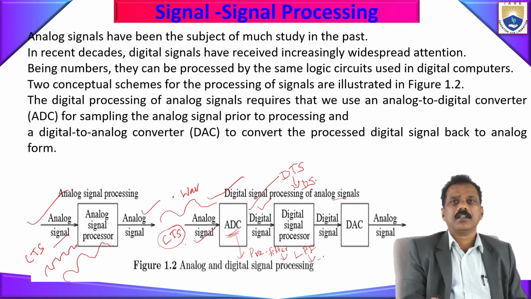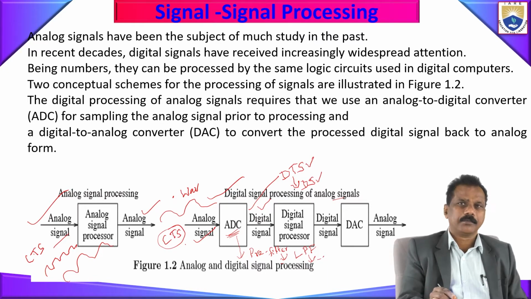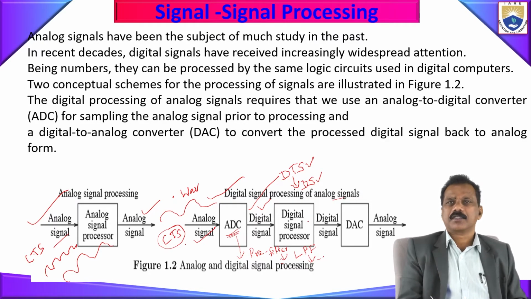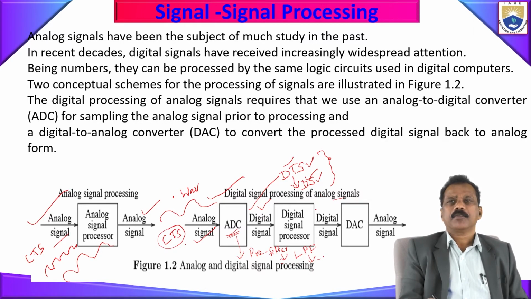When we study this digital signal processing subject in depth, we verify how continuous time signals, discrete signals and discrete time signals are distinguished. That output is given to the digital signal processor, and we expect a digital signal there too.